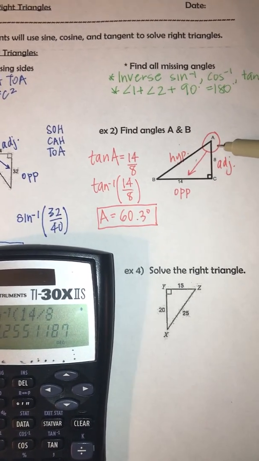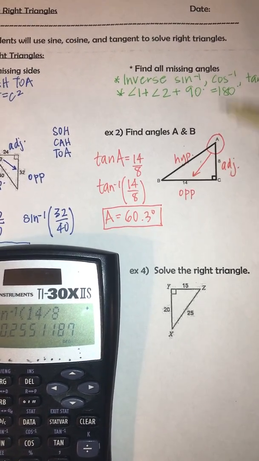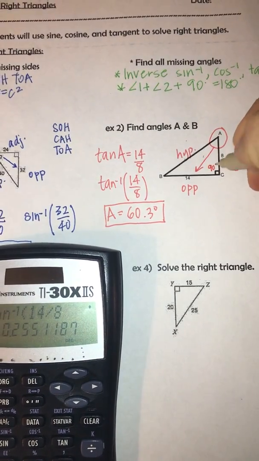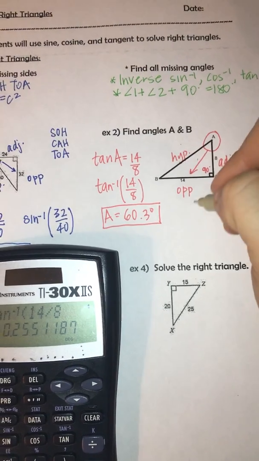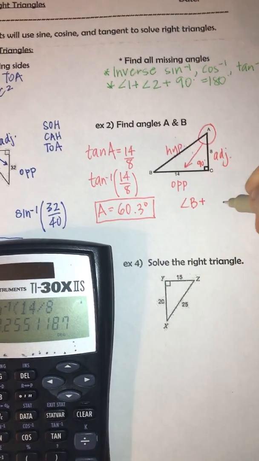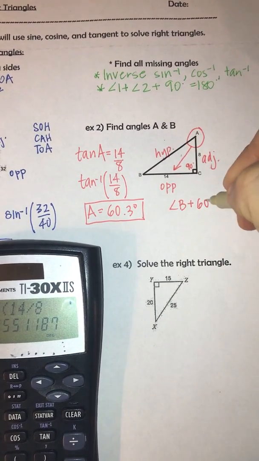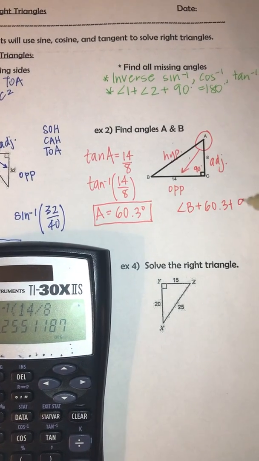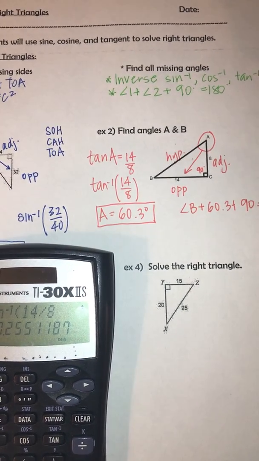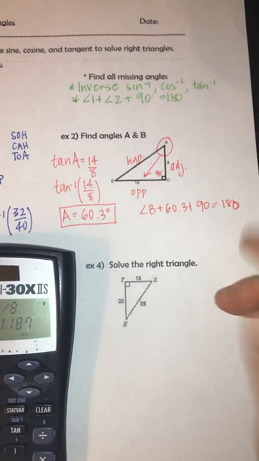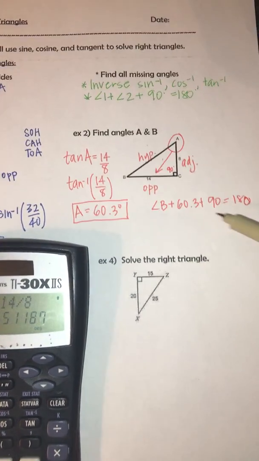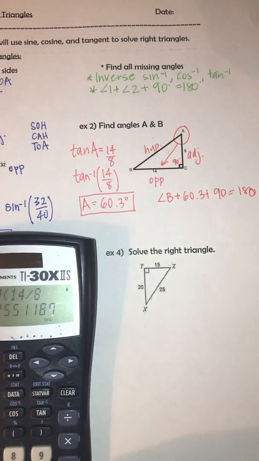Now if I know angle A is 60.3, and I know this little right angle is 90, I know the angles of a triangle add up to 180. So I can solve this now. I can add those together.